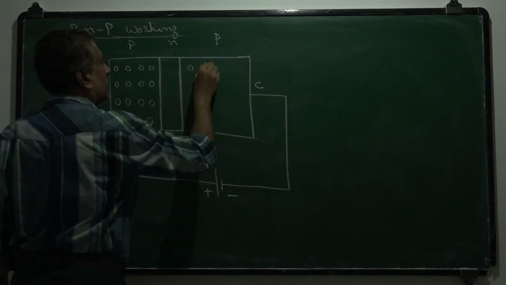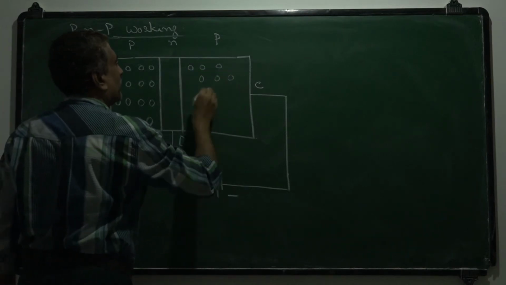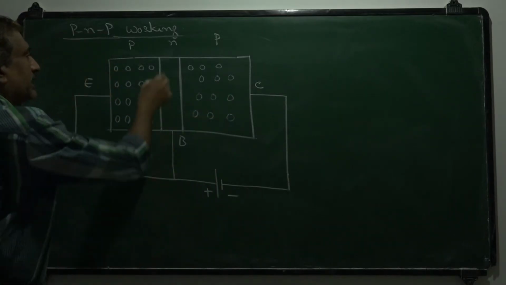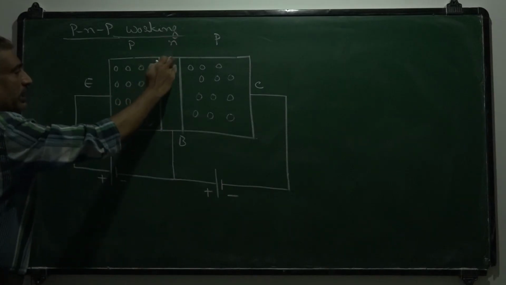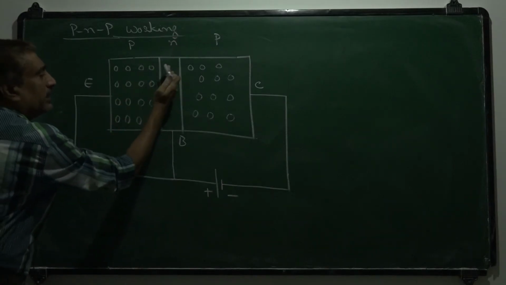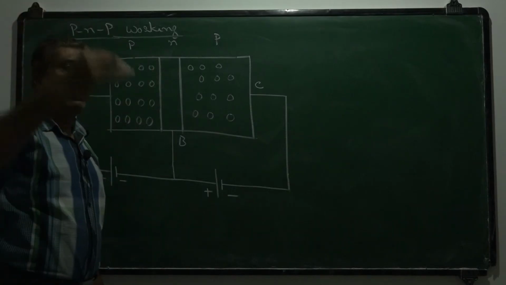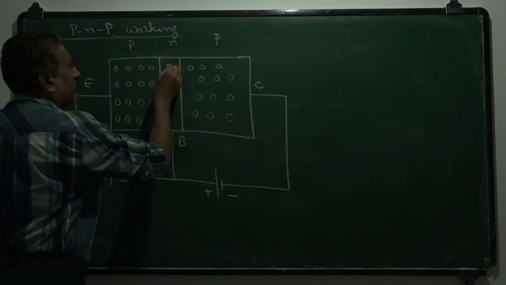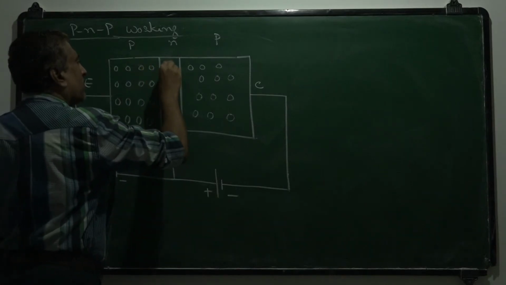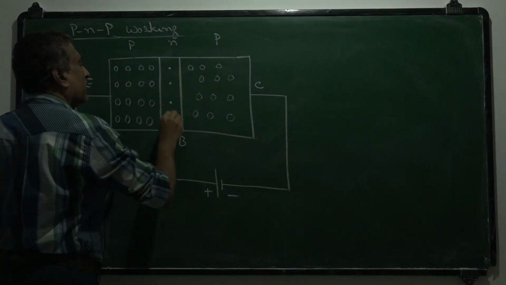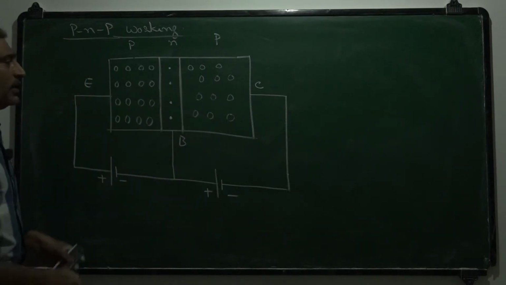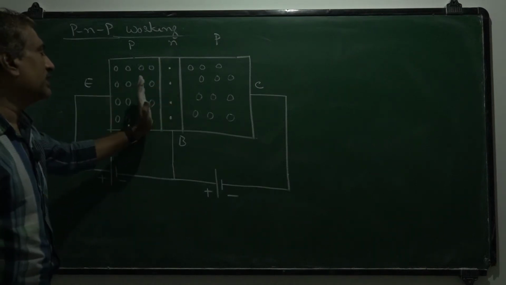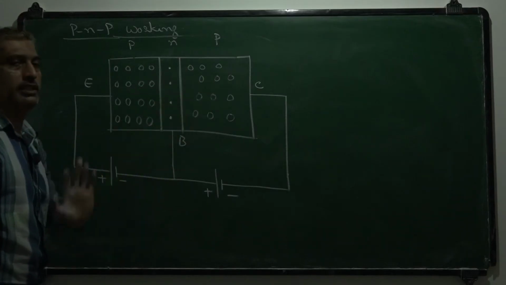Whereas in this N region the majority carriers are electrons, but this region is a very thin layer and lightly doped compared to the other two. Even though electrons are majority carriers, the number of these electrons is small compared to the other two regions.